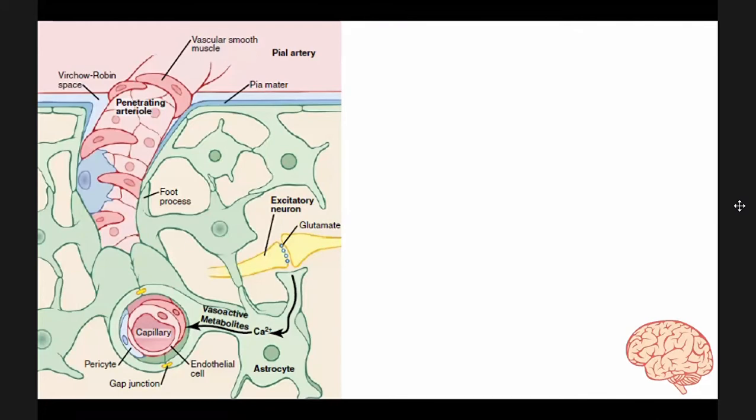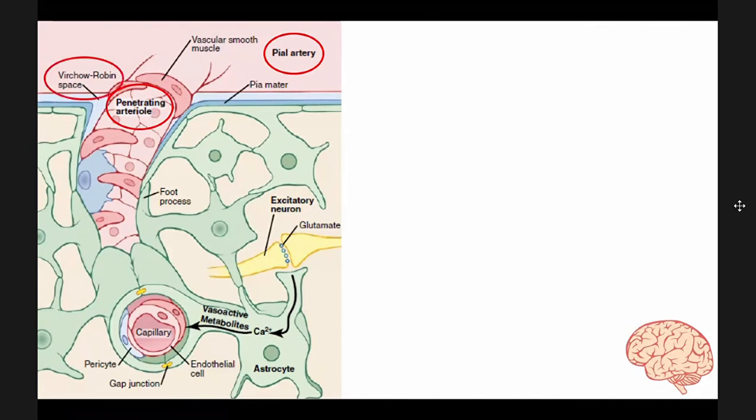Once these are big middle-sized arteries, it will branch out into smaller arteries, and yun yung PL artery, which will penetrate the pia mater and branches off into smaller arteries that are the penetrating arterioles and arterioles.